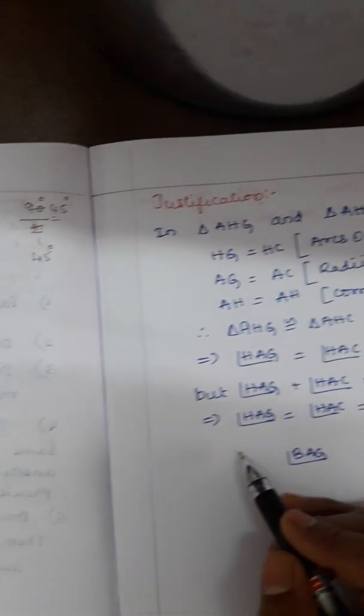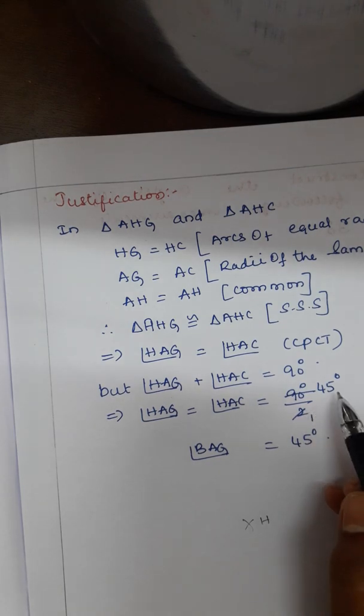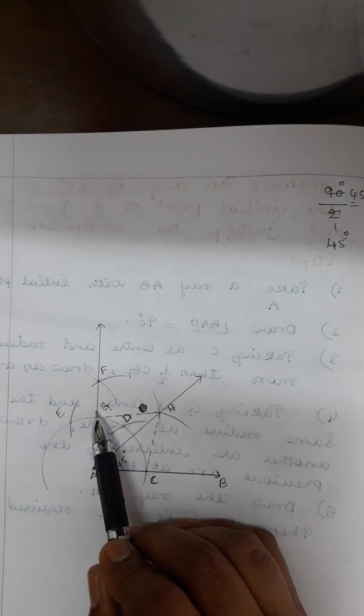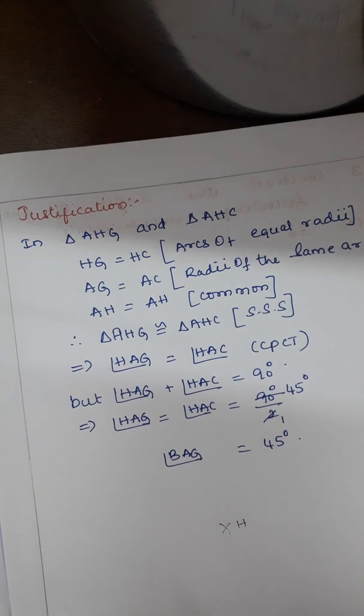Since these two are equal, 2 times angle HAC is equal to 90 degrees, so each is 45 degrees. Together, HAG plus HAC is nothing but angle BAG, which gives you the angle of 45 degrees. This is how we are supposed to justify.